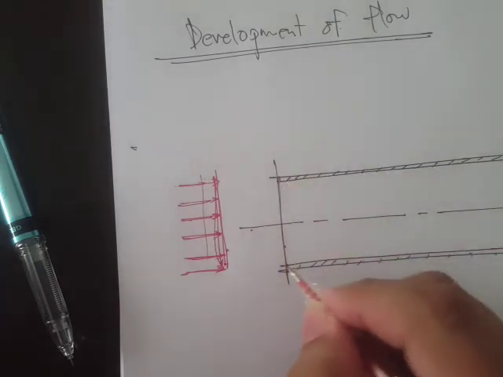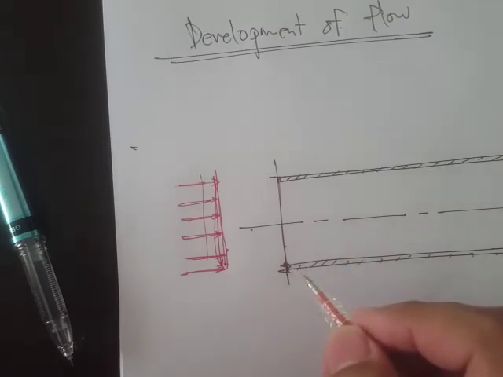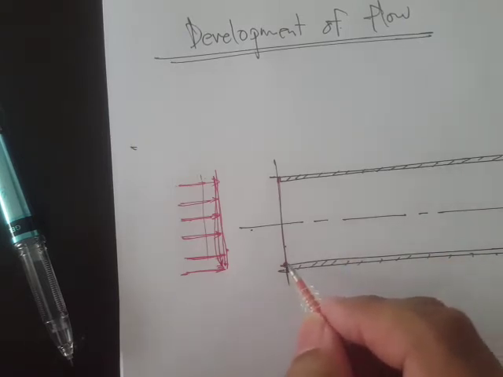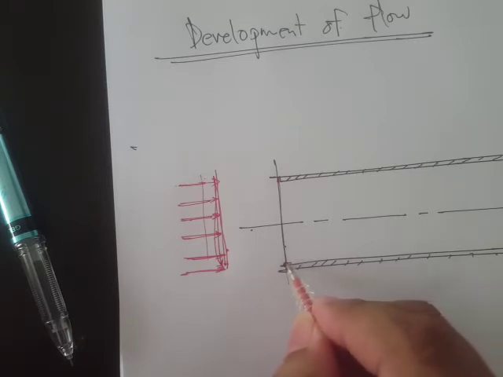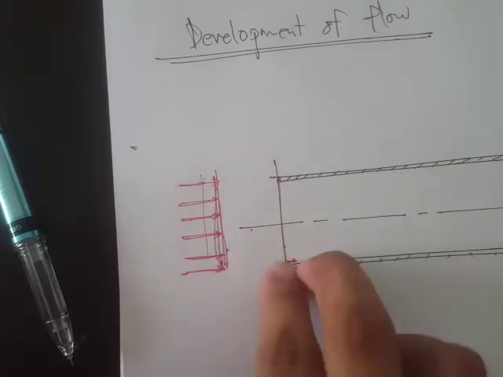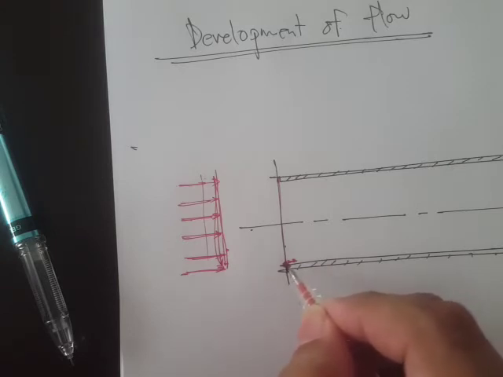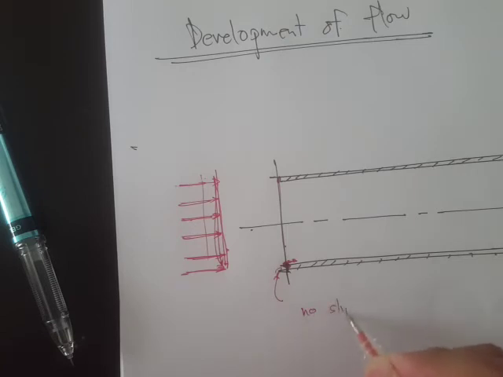So the moment it touches this solid surface, because of the presence of the viscosity, because of the shear stress, the fluid layer that's adjacent to the wall surface would retard. So instead of having this velocity, you have a slower velocity. The assumption is what they call the no slip condition.